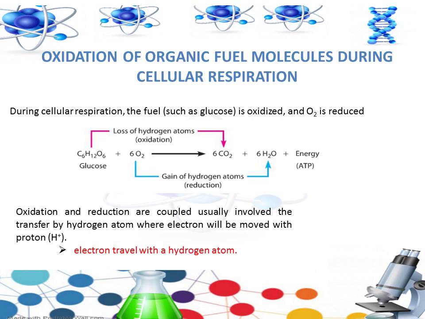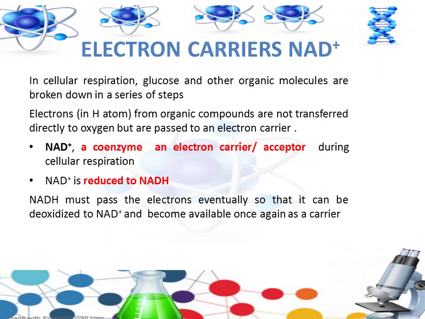So you must remember that the electron, in order to move, cannot move alone. It travels with the hydrogen atom. So hydrogen atoms are very important to transport the electrons and travel from one substance to another substance. Okay, in the system, there are electron carriers such as NAD plus and FAD.